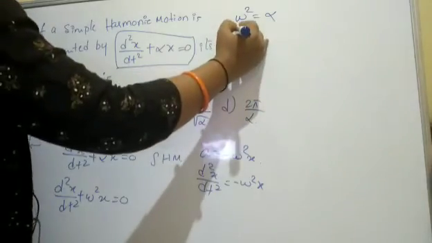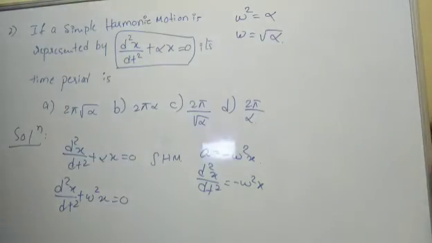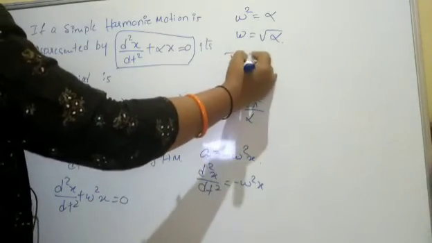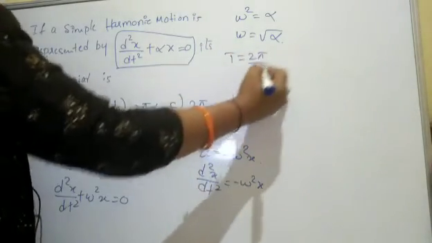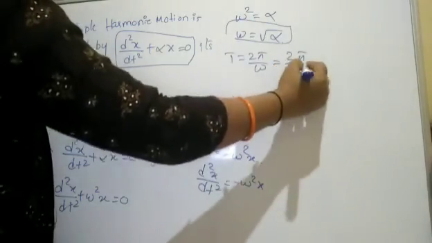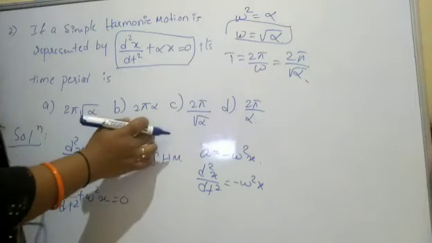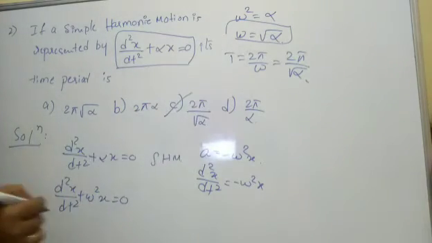So omega is root of alpha. The time period T is equal to 2 pi by omega, that is 2 pi by root alpha. So option C will be the correct answer for the given question.